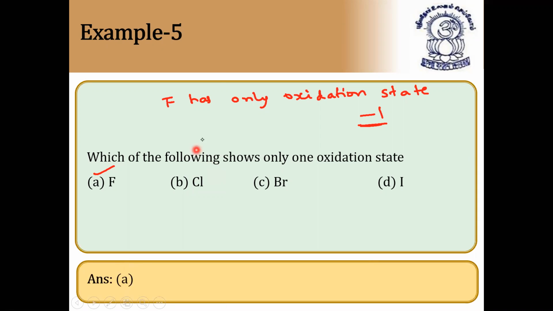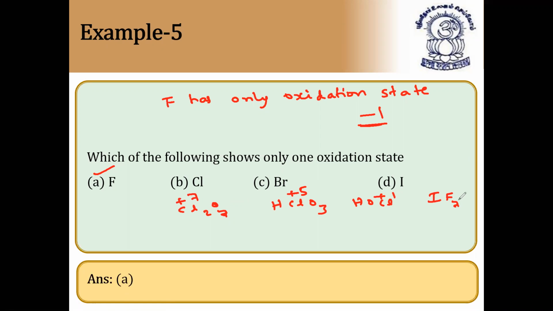So what oxidation states will chlorine exhibit? As already we know, in Cl2O7 it is +7. In HClO3 it is +5. In HOCl it is +1. So it can exhibit like that. Bromine also will exhibit. Iodine also will exhibit. In IF7, what is the oxidation state of iodine?